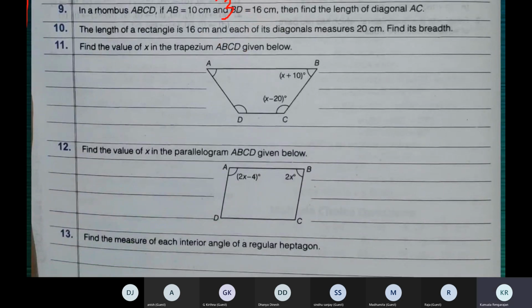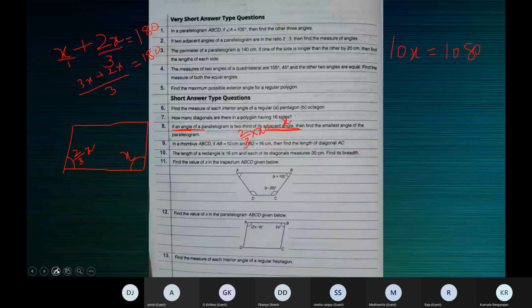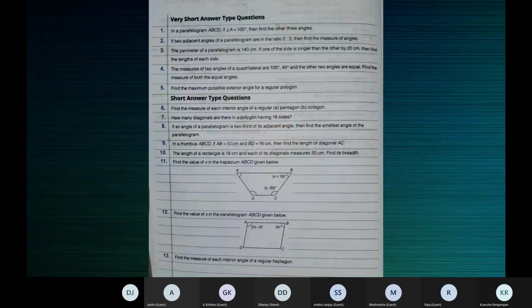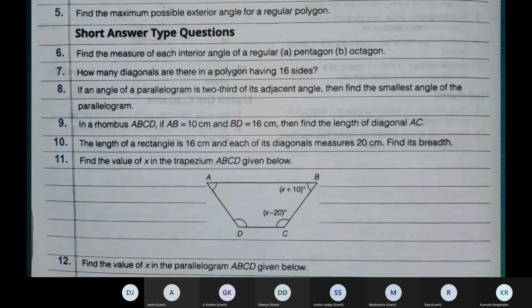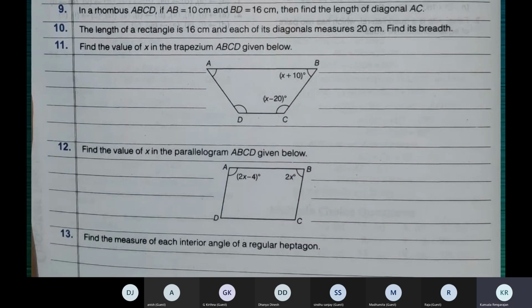So 13th one, find the measure of each interior angle of a regular heptagon. Children, I want you to do the 13th one and then the 9th one.